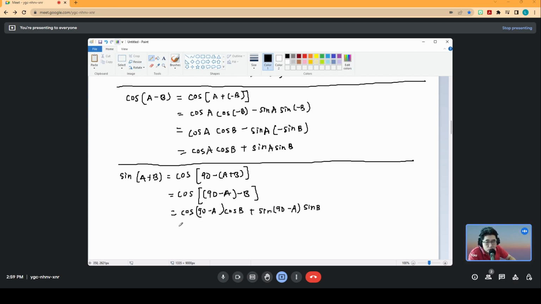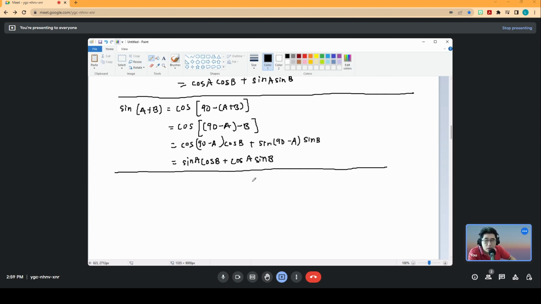So back to P1, cos of 90 minus A is sine A, this is cos B, plus sine of 90 minus A is cos A, then this is sine B. So we have the sine of A plus B formula. And from here, we have tangent of A plus B.